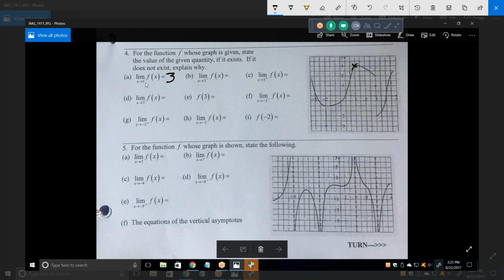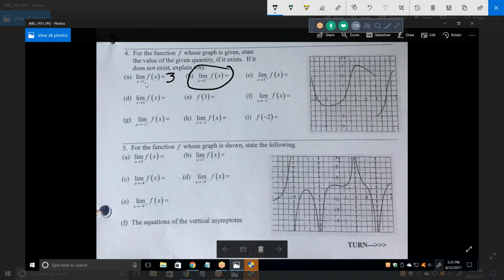Now, let's approach negative 3 from the left only. X is approaching. You have to differentiate between f of x and x. X is the horizontal axis.